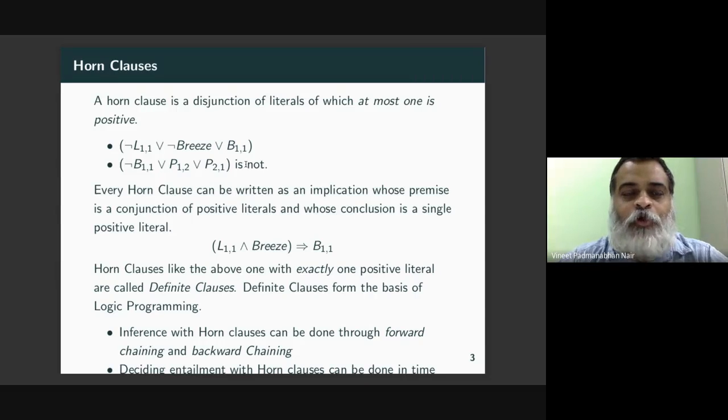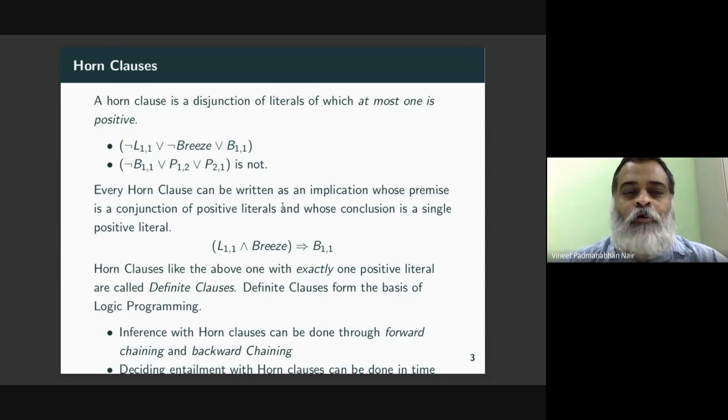Each of those components is called a literal, whereas the whole thing is called a clause. Now, according to the horn clause definition, the first one is a horn clause, whereas the second one is not, because it says that at most you can have only one positive literal, whereas in the second one there are two, P12 as well as P21.